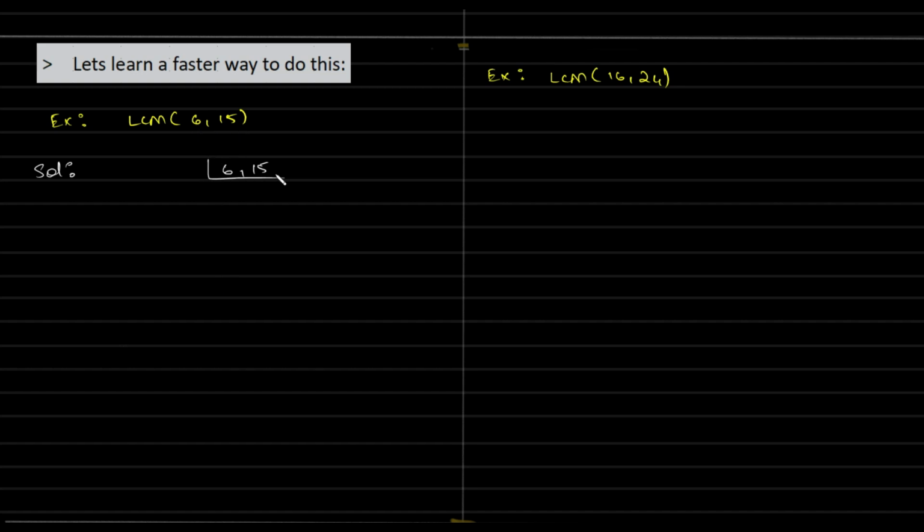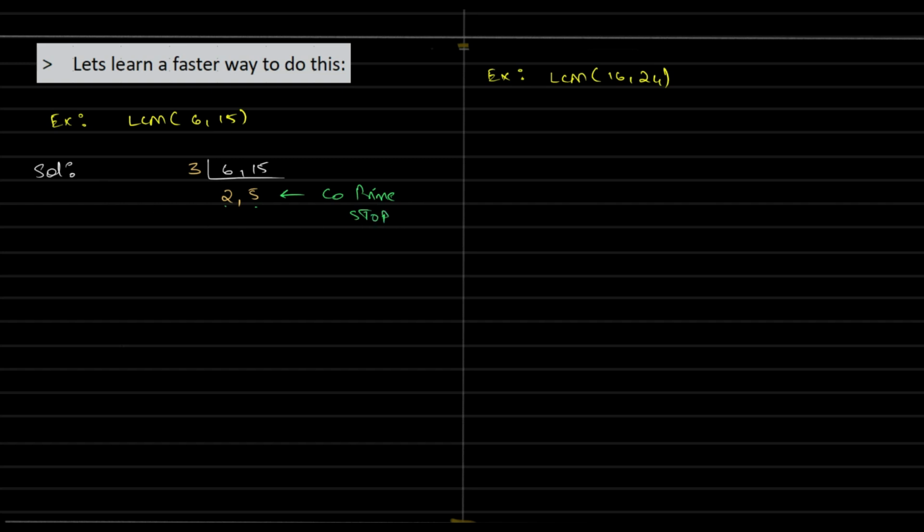So 6 and 15, you have to find the LCM. What you have to do is take the common factor. In this case, it is 3. So the quotient is 2, and in this case 5. Now, when you look at numbers that are co-prime, that's when you stop.